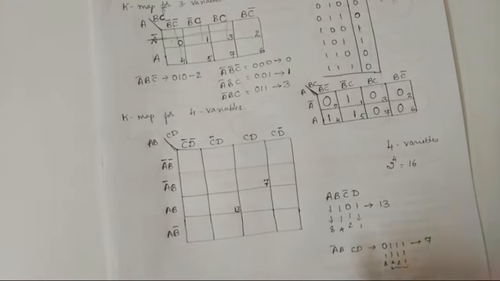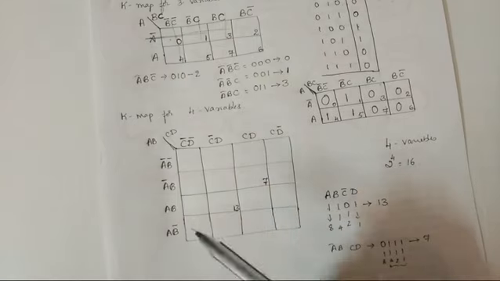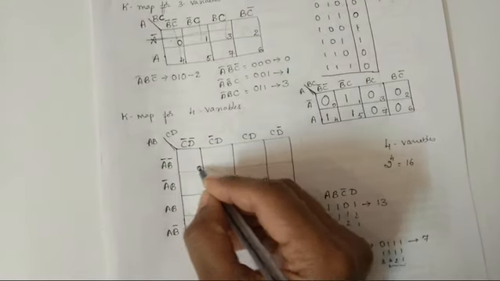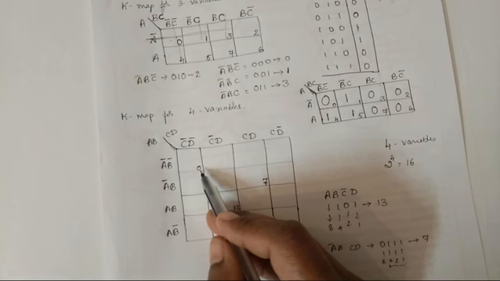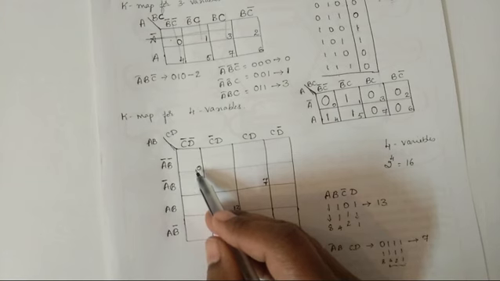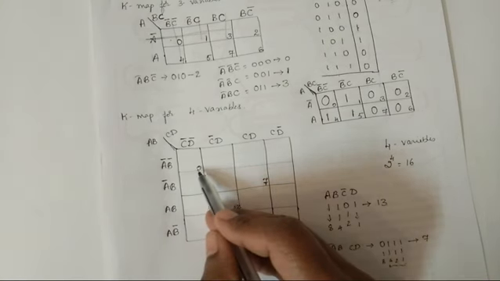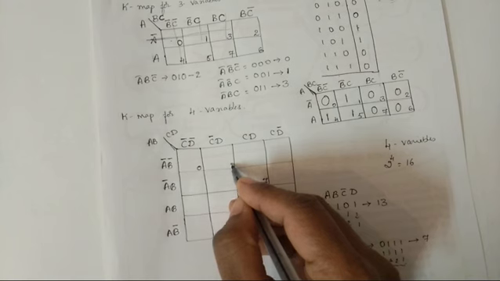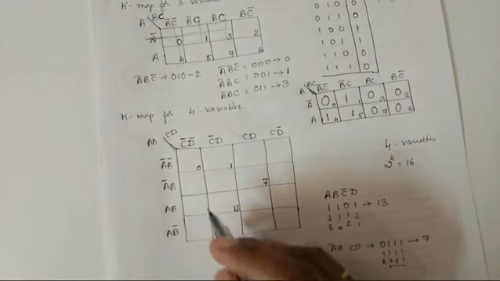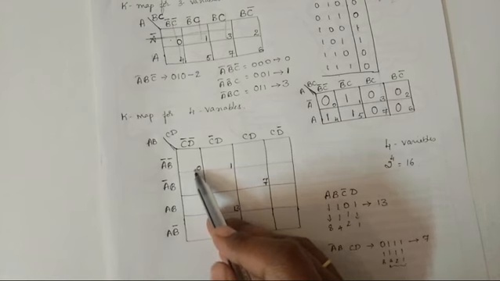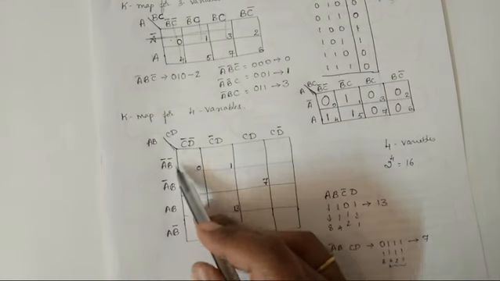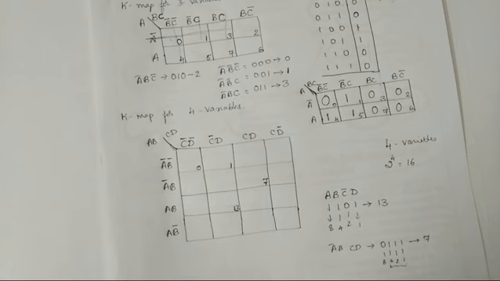Now let me tell you a short trick how to write this cell number also. We will always start with 0. After writing 0, we have to write continuous numbers from 0. After 0, 1. We can write only for 2 continuous cells or 2 adjacent cells.